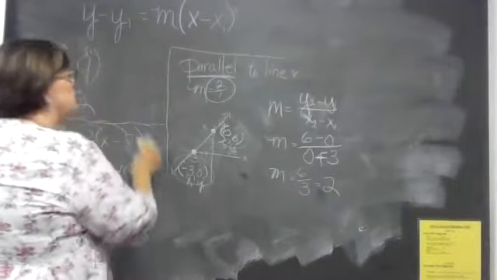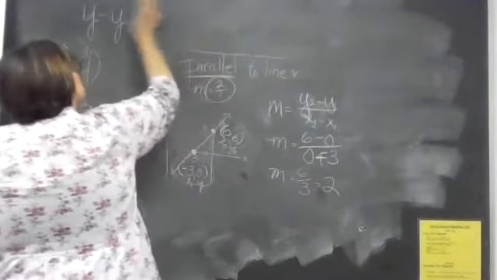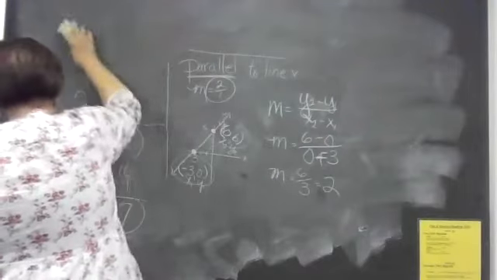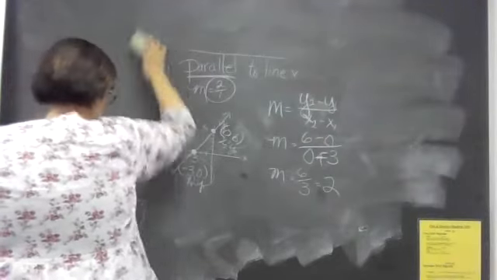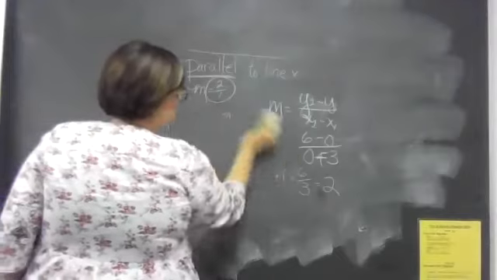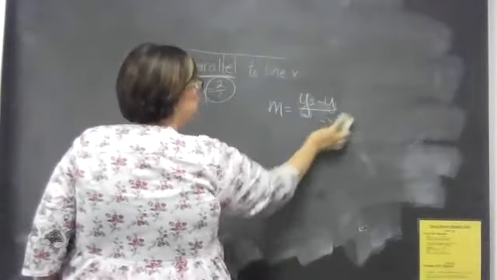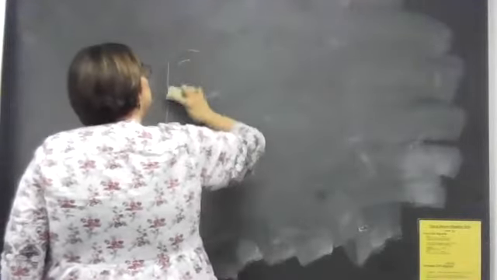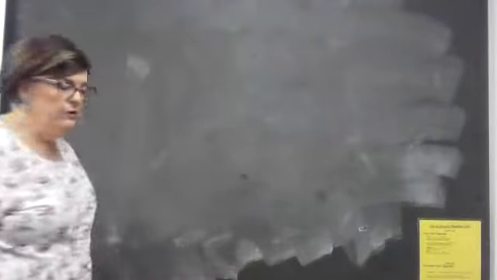Okay, let's move on to systems of equations. This you will be able to do. You will be graphing on graph paper. So we're going to review how to graph an equation from the equation.